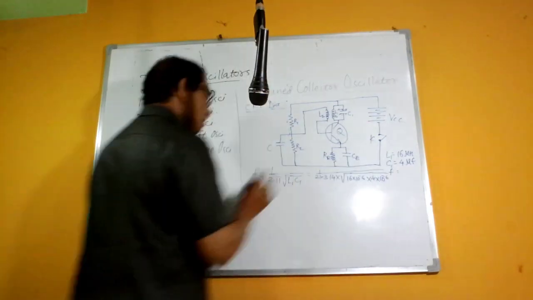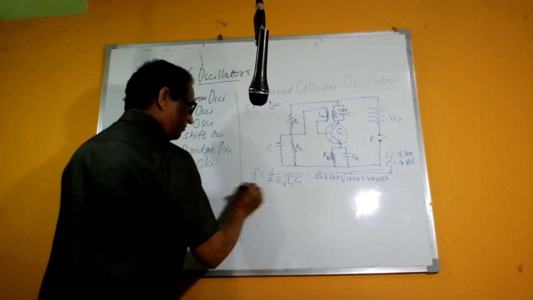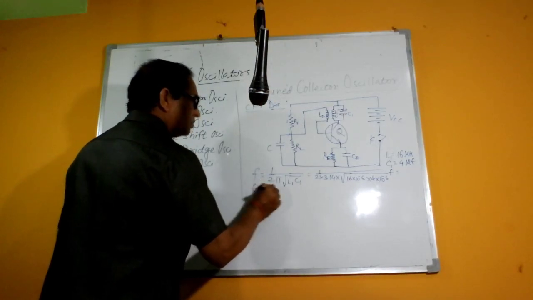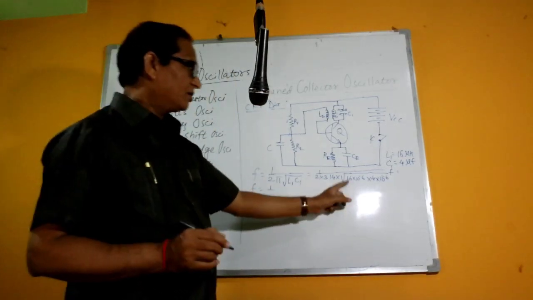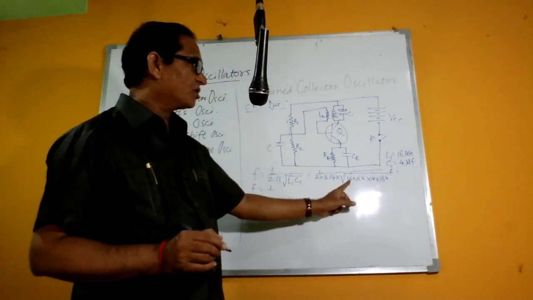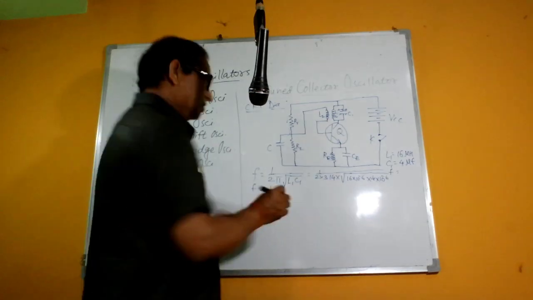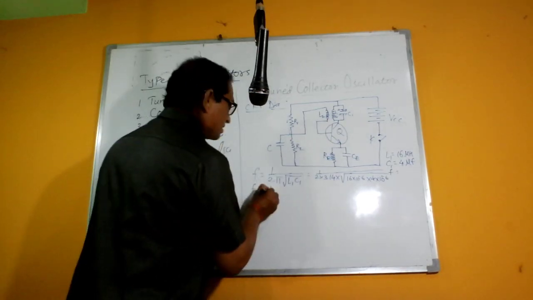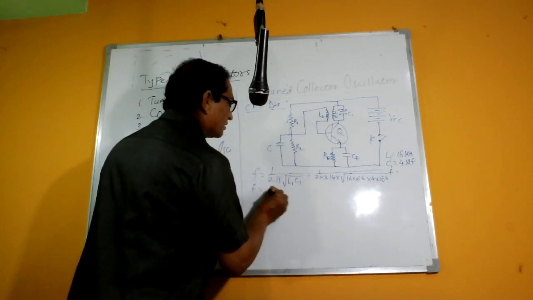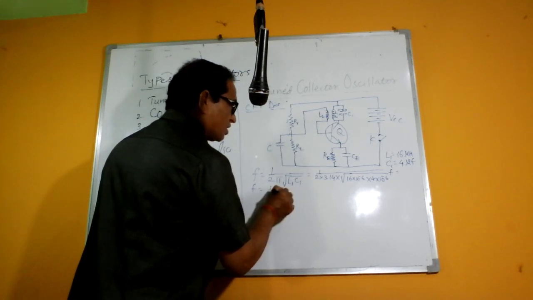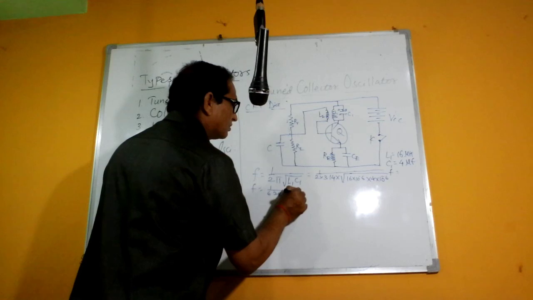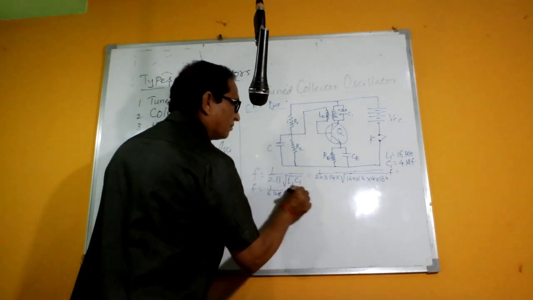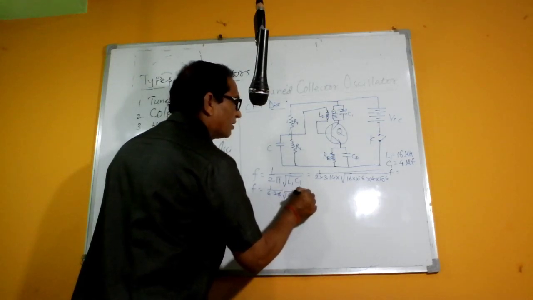Okay, this we will get as F is equal to 1 upon, if you multiply, this is 6.28, and 16 into 4 will be 64, under root of 64 will be 8. This is 6.28 into under root of 64 into 10 to the power of minus 12.